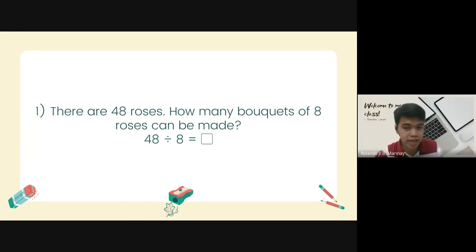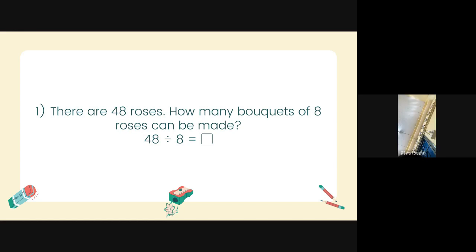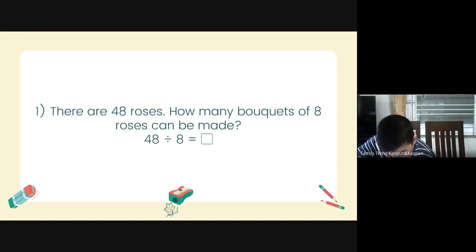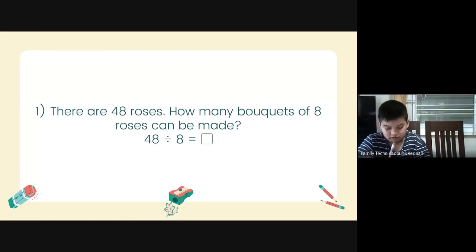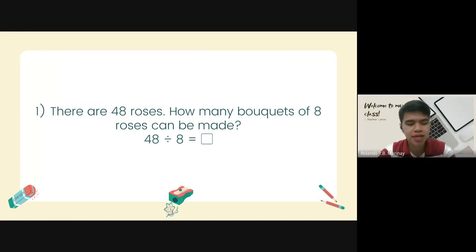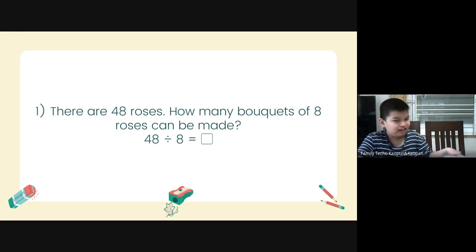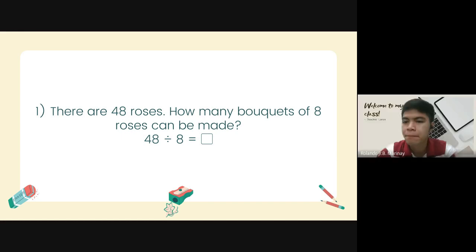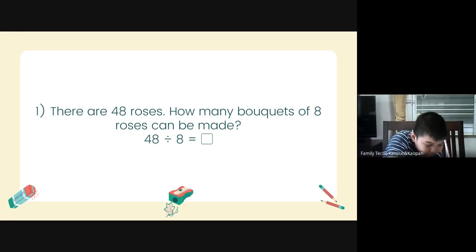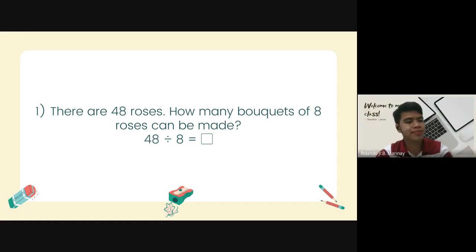Page 144. Thank you, Earth. Finish your number 1. Okay, number 2. Okay, take your time.